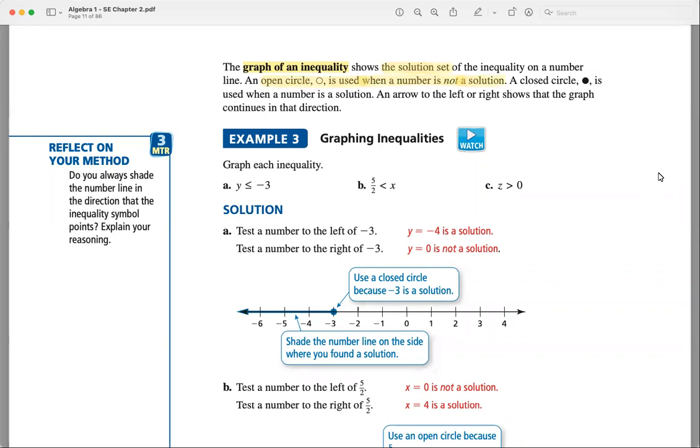So that open circle is your departure point. Open means there's no equal sign on that inequality symbol, but that's still your departure point. The closed circle is your departure point, but now your inequality symbol will have the equal sign. So that number, your departure point, is a solution of the inequality.